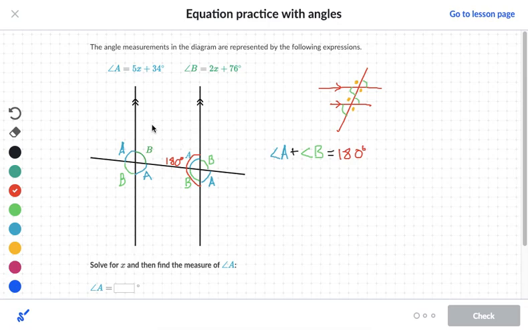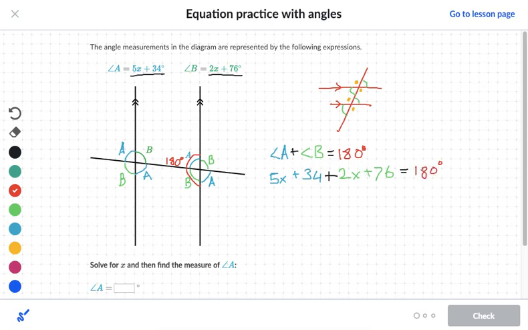So let's put all that together. This angle A, 5x plus 34, plus 2x plus 76, is equal to 180 degrees. So we've got 5x plus 34 plus 2x plus 76 is equal to 180 degrees.